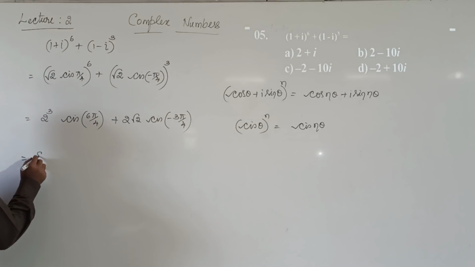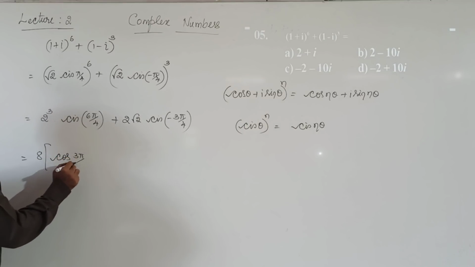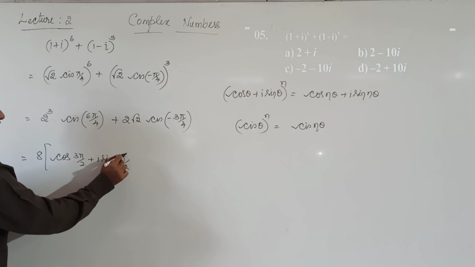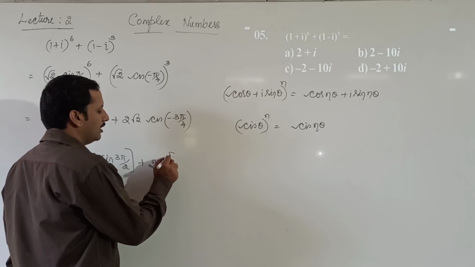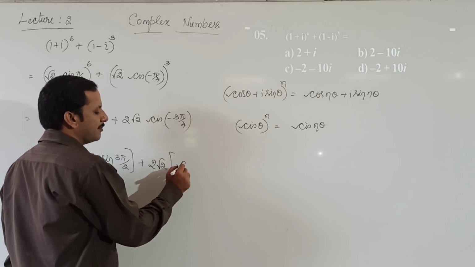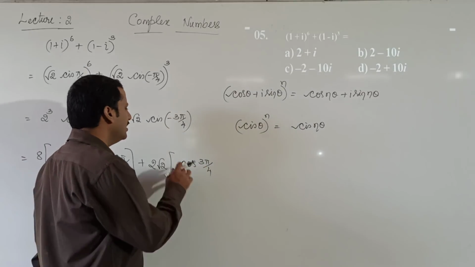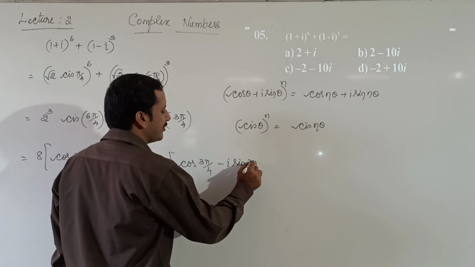That's equal to 2 cube is 8. 6 pi by 4 is nothing but 3 pi by 2. So cis 3 pi by 2 means cos 3 pi by 2 plus i sin 3 pi by 2, plus 2 root 2 into cos of minus 3 pi by 4. Minus 3 pi by 4 can be written as plus 3 pi by 4, plus i sin of minus 3 pi by 4, that will become minus i sin 3 pi by 4.